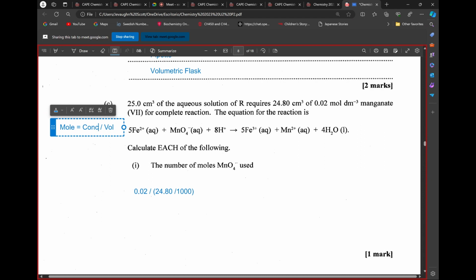So is it concentration times volume or is it concentration divided by volume? Nobody wants to challenge that? Is that true?